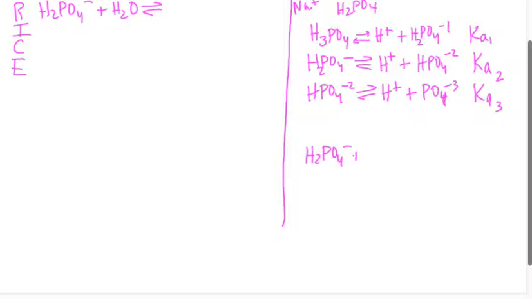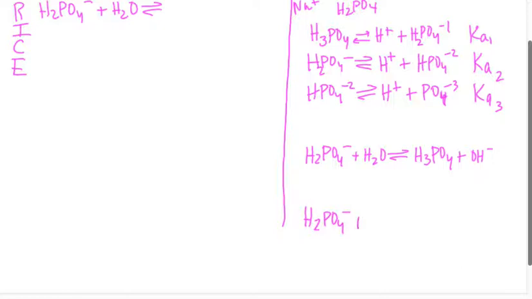So H2PO4 minus plus H2O, what is that going to make? Give me one, whichever. Which way do you want to go first? Okay. H3PO4 plus OH minus. All right, and then we're going to leave some space because you're going to have some math to do.